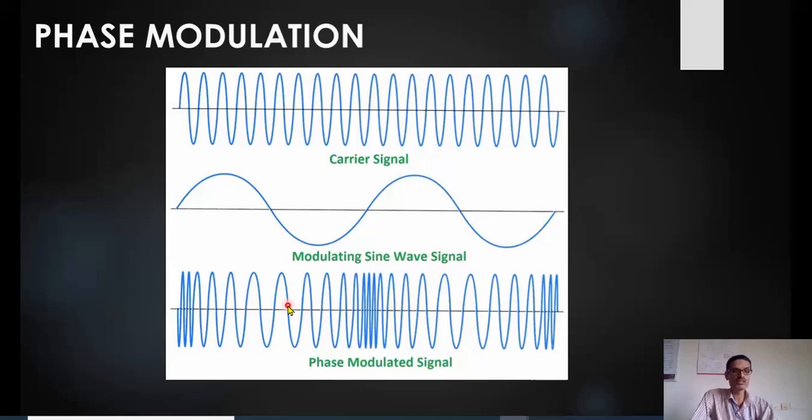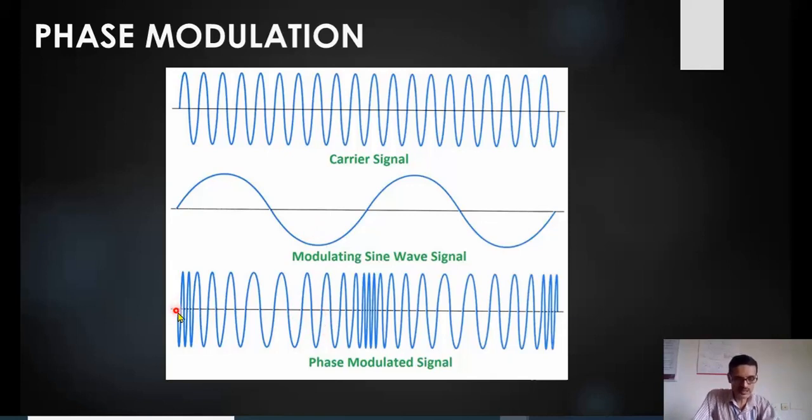But what is the difference between phase modulation and frequency modulation? The difference is that the frequency or the phase of the signal changes only when the amplitude is increasing. As the amplitude decreases, the phase also decreases and the frequency also decreases. Here there is a large variation in the phase or the frequency.